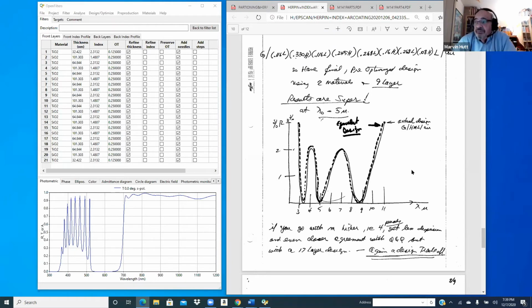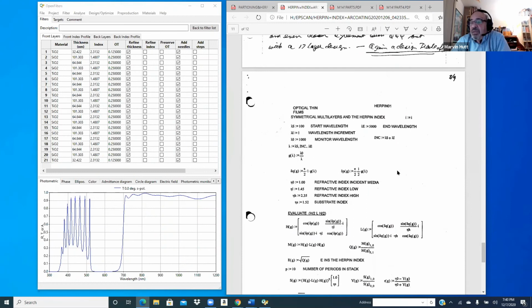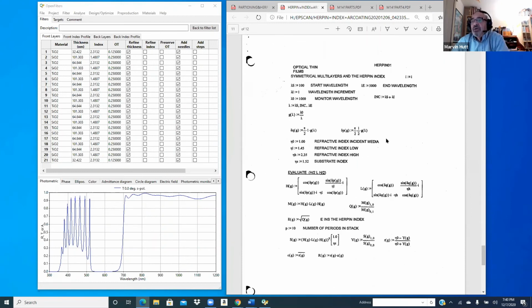So in doing this stuff, what I really want to know is, just give me a calculation of the equivalent index and the calculation for various materials. Here I have a program written.